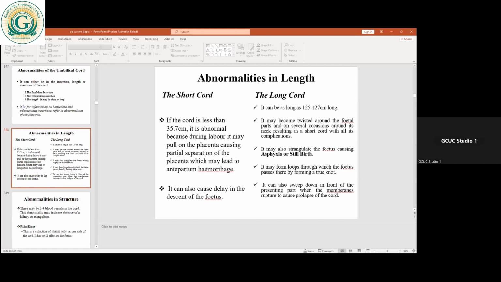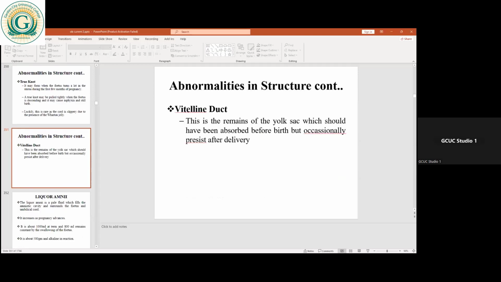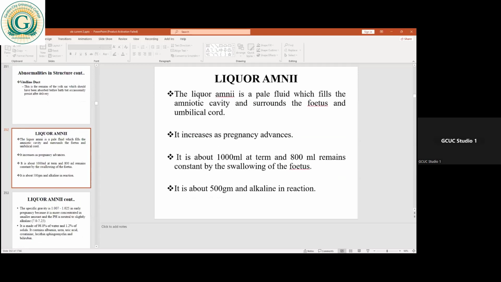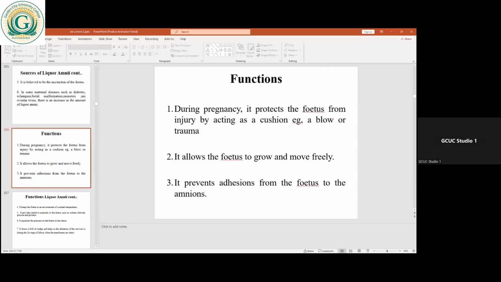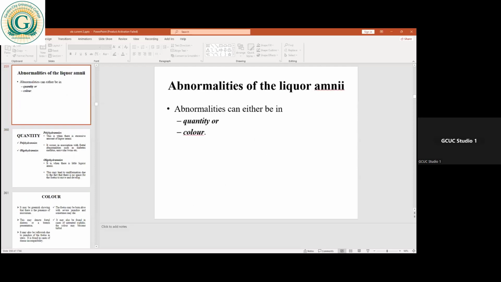Please read about it. We have the liquor amnii, its function and its source, and that one too has abnormality in quantity and color: polyhydramnios and oligohydramnios, large or small quantity, and then color.